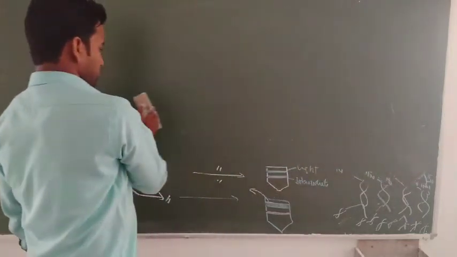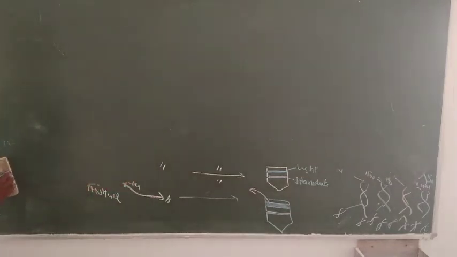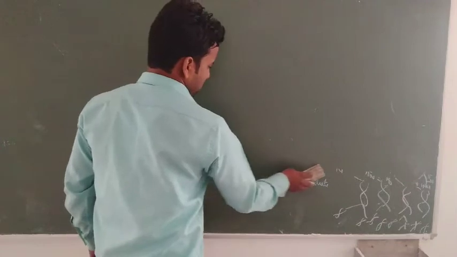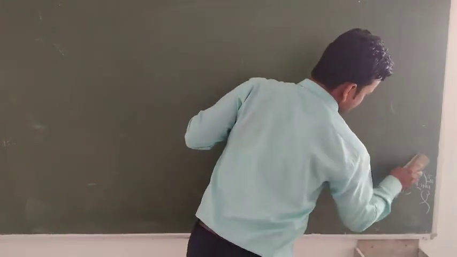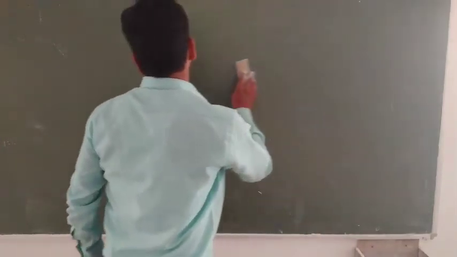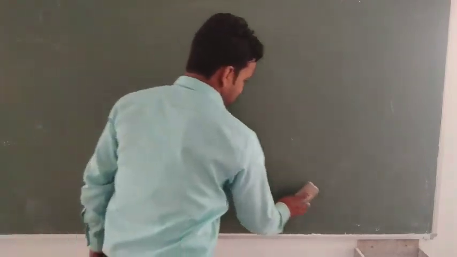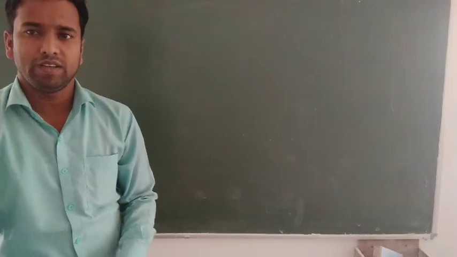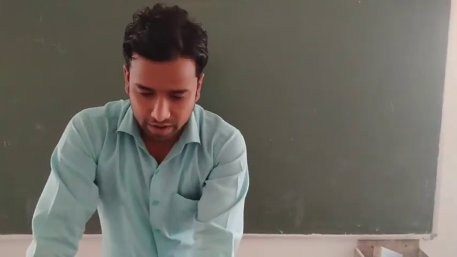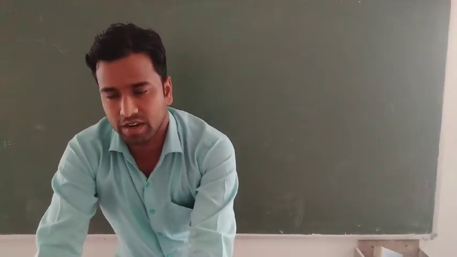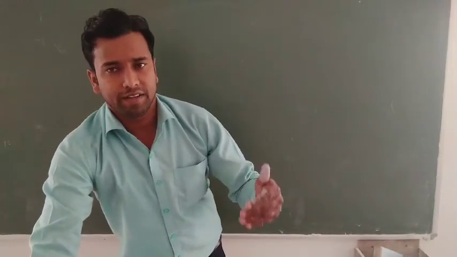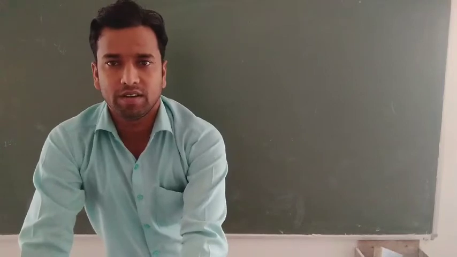Now students, in the next class we will learn about the mechanism of replication in detail, how the replication takes place inside the cells, how DNA is uncoiled, and how as they are uncoiled from one side, they constantly synthesize another DNA strand.